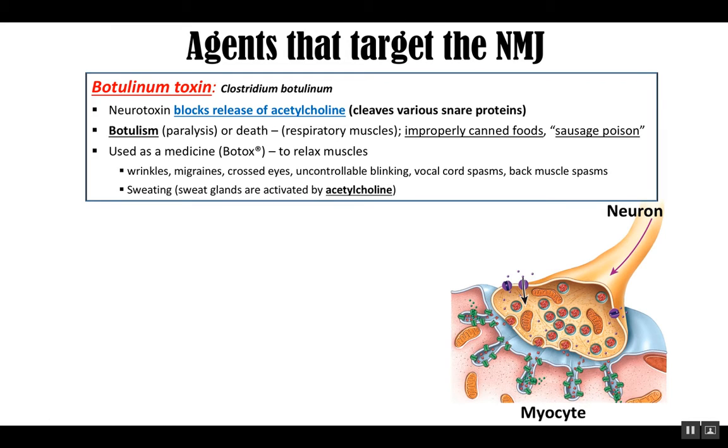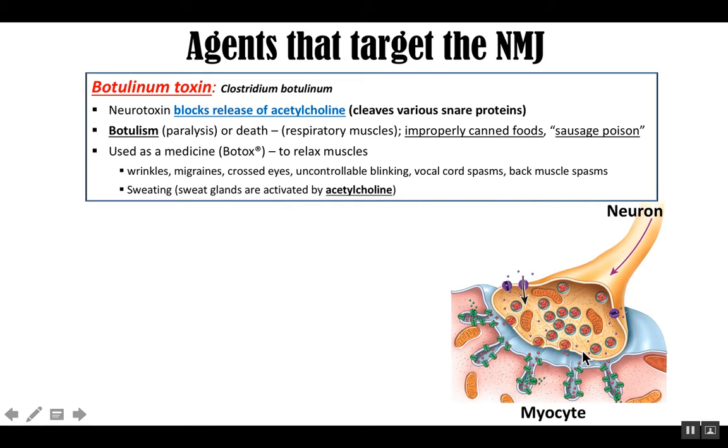What the botulinum toxin does specifically is it causes a blockage of the exocytosis, or the release, of acetylcholine from the neuron. It's a very interesting mechanism, but this toxin will actually break and destroy a protein called a SNARE protein that's involved in attaching these vesicles to the plasma membrane so they can then release their contents.